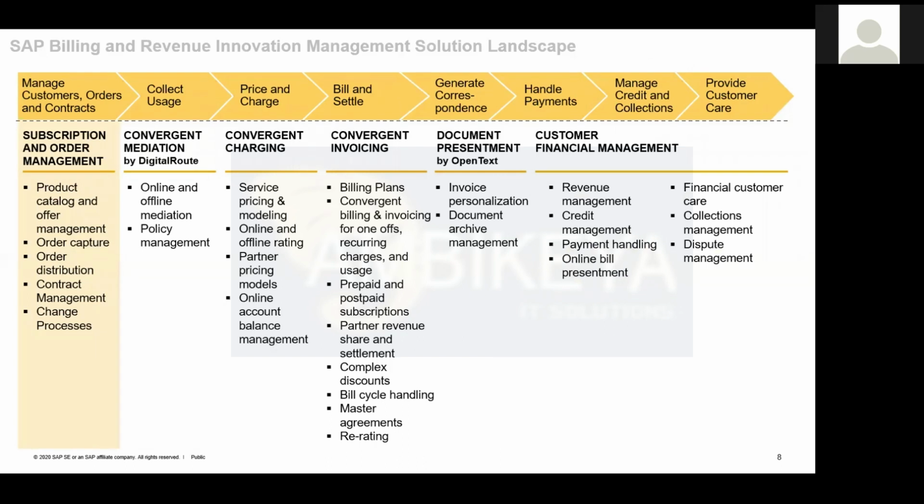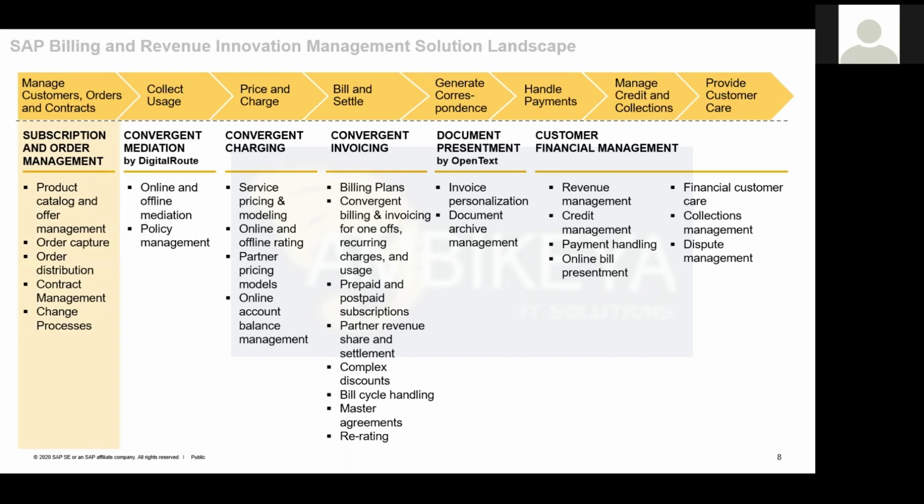We can now have a look at the complete solution landscape, just to give you an overview of what is covered by BRIM. We have the subscription and order management processes, where we implement our training example with a bundle product, the product catalog, and, as I reported before, an order capture process for a cloud selection service.